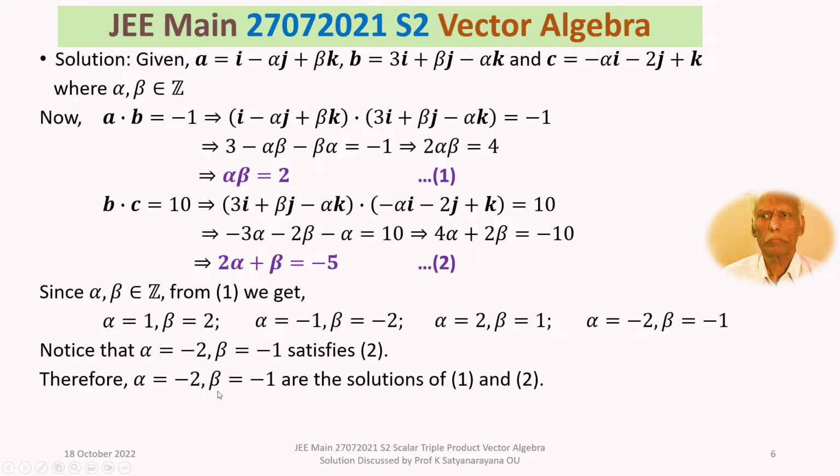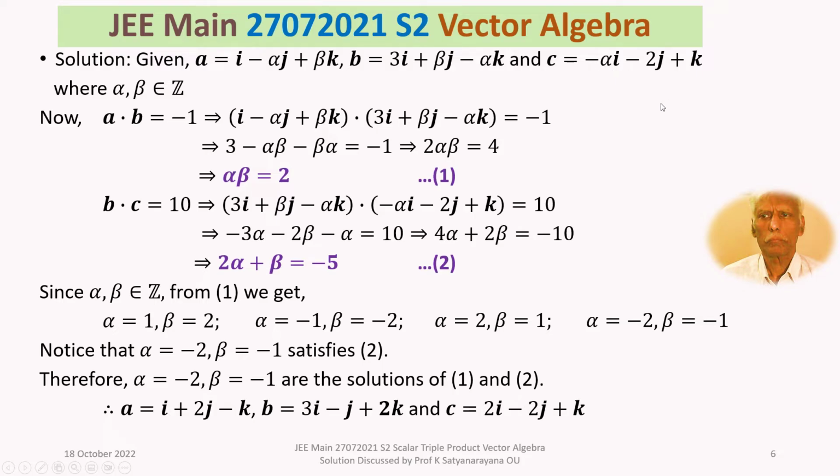Take these values of alpha and beta, substitute in A, B, C, and then we get A is equal to i plus 2j minus k, B is equal to 3i minus j plus 2k, and C is equal to 2i minus 2j plus k, because alpha is minus 2.